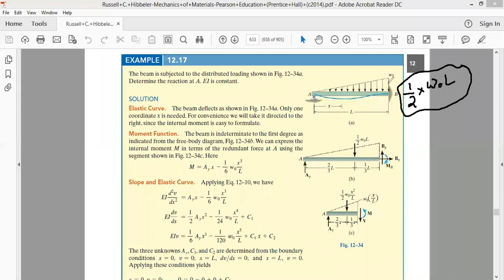That is, this triangularly distributed load can be replaced by a single load having magnitude equal to half of W naught into L, and this load will be acting at its centroid.